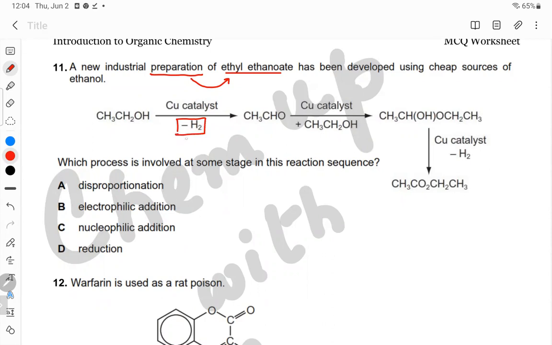Because if you look at the molecular formula over here, it is C2H6O, and over here it is C2H4O. So removal of 2 hydrogens. The removal of hydrogen, if you recall, is oxidation, right? So there is no option of oxidation.